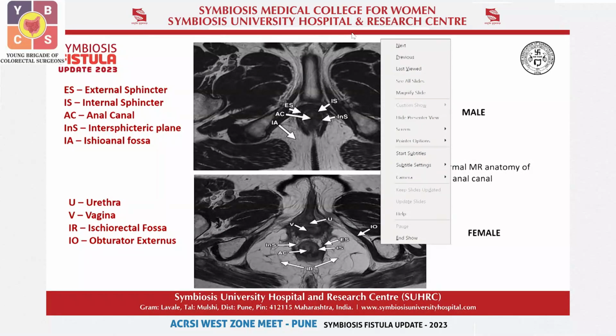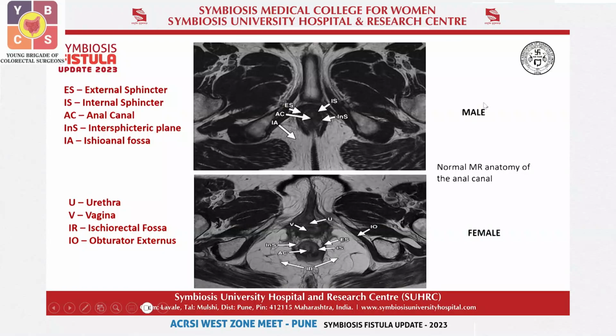As compared, can you see in females? In females, actually, you see the urethra, the vagina over here, the anal canal here, the intersphincteric space.